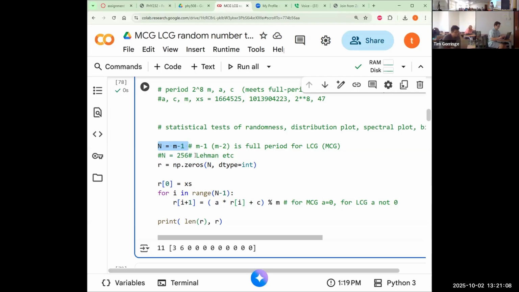Here I'm calling it R with index i plus 1, from the current random number, R with index i, based on the multiplicative formula and the modular arithmetic. It should be C equals 0 for MCG. Let's go and check that.